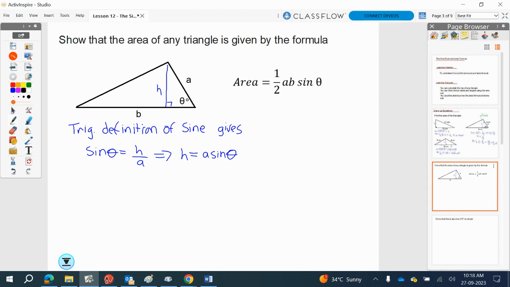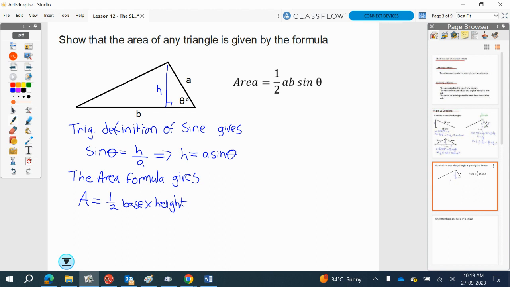And then the area formula gives area is equal to a half base times height. I'll quote the formula so you see which one I'm talking about. I'm doing this specifically because we've got two area formulas on the page, and that's the one we're trying to prove.